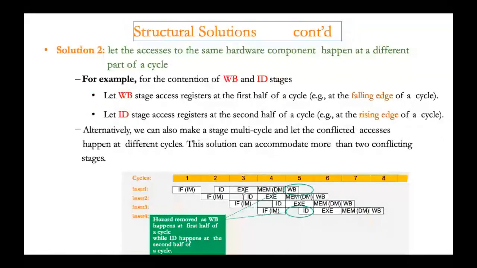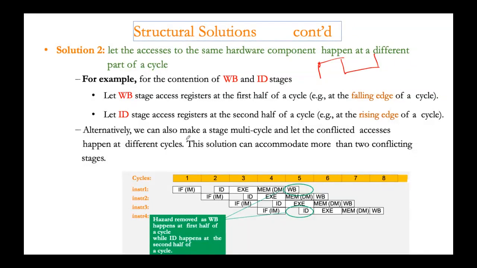To follow this solution, the write back stage accesses registers in the first half, that is the falling edge of your cycle, and the ID instruction decoding read will happen in the second half of your cycle, that is the rising edge of your cycle.